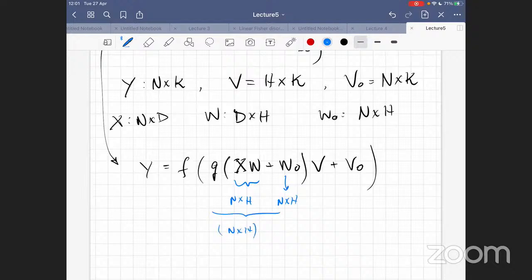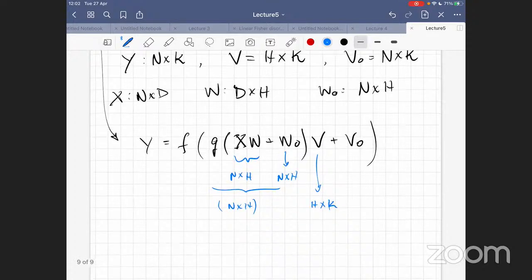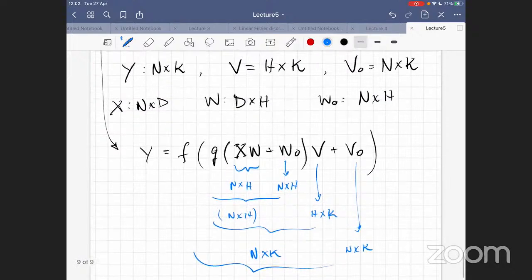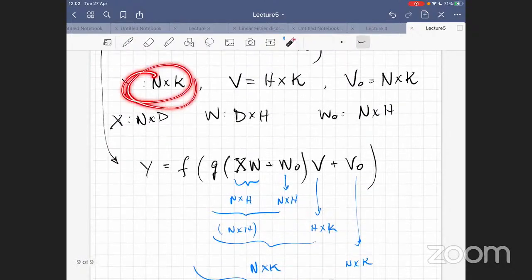That I multiply by something which is h by k. So then this gives me n by k, but this is also n by k. And of course, then the whole result is n by k, which is exactly the dimension of the output. Is there any question so far?